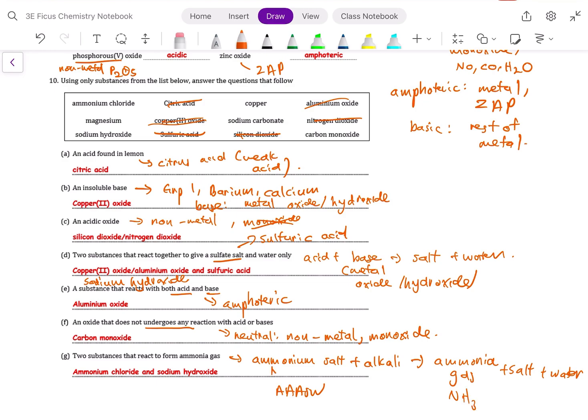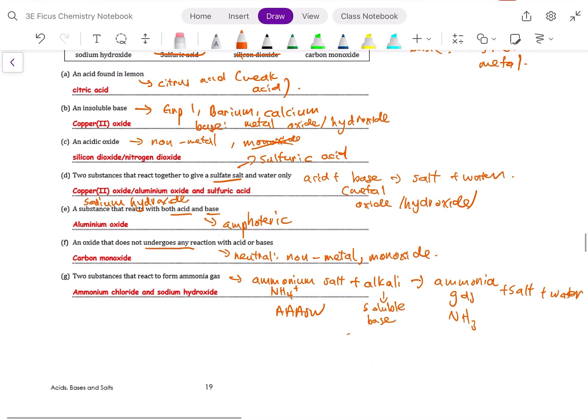Not to be confused with ammonium. Ammonium is NH4 plus. So the alkaline is this one lah, sodium hydroxide. Alkaline is a soluble base, which usually comes from group 1, barium or calcium. Most bases are insoluble except for these few, which are soluble.